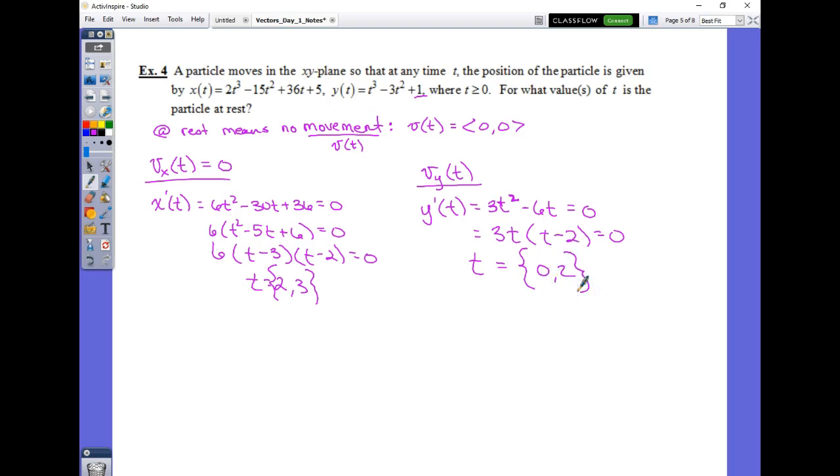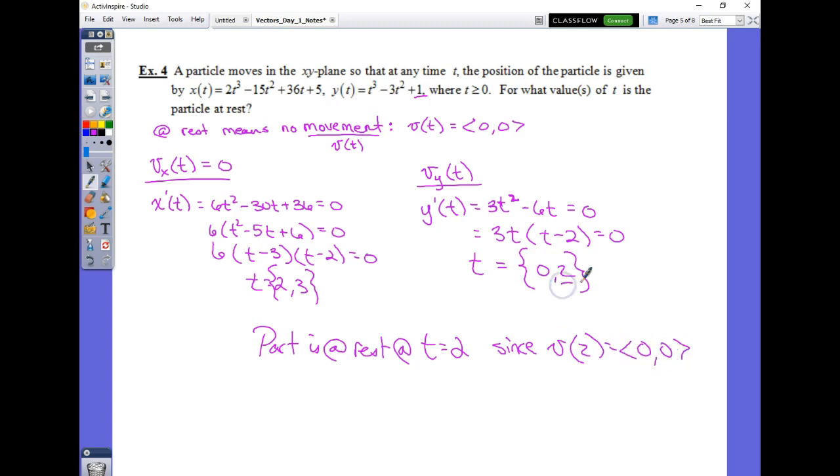So the question becomes, when does this have a 0, 0? And this is where students will make a mistake. Students will tell me that the answer is 0, 2, and 3, which is not the case. The answer to this is that the particle is at rest at t equals 2, since v of 2 is equal to 0, 0.